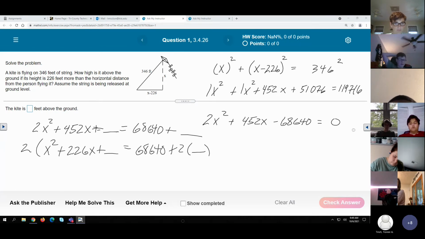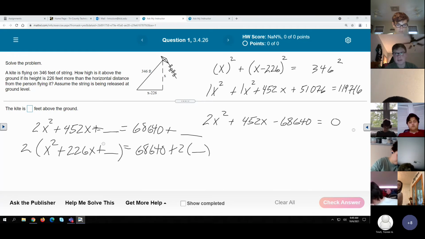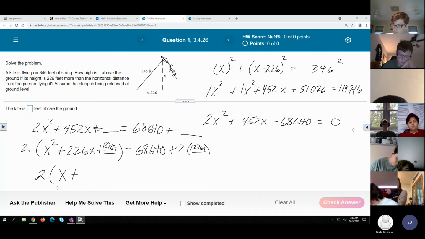What's 113 squared? 12,769. That gives us x plus 113 quantity squared is equal to 68,640 plus 2 times 12,769.